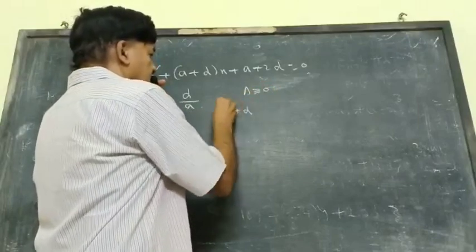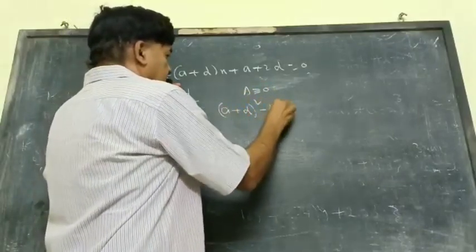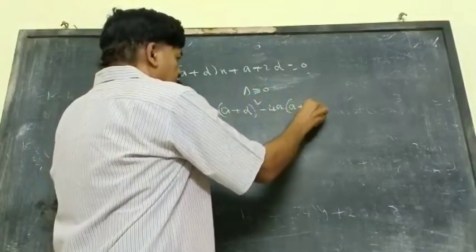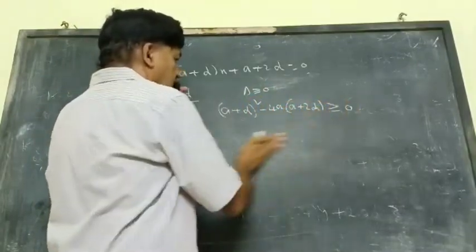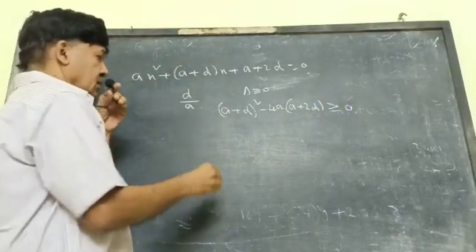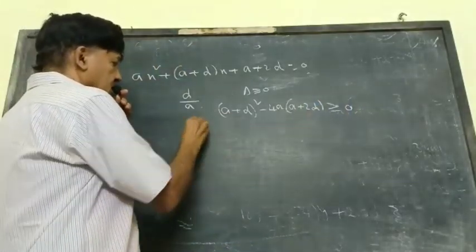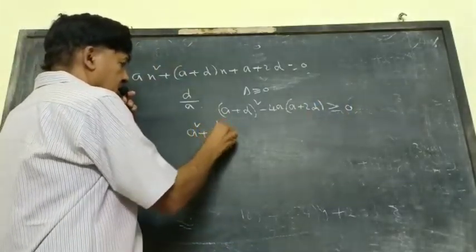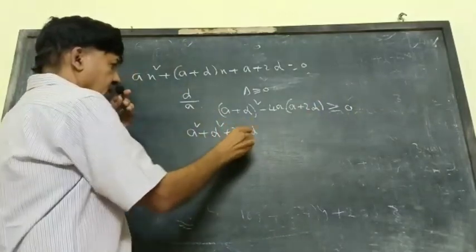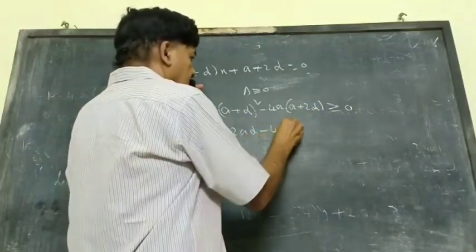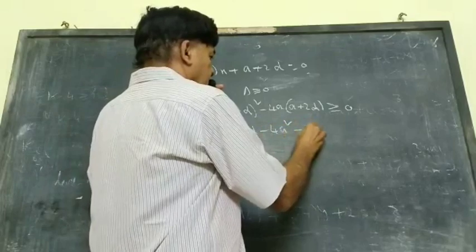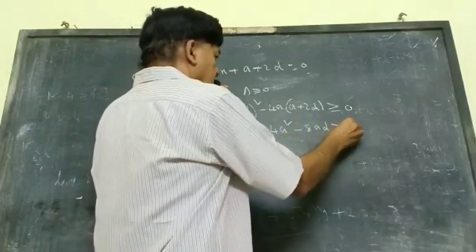So (A plus D) whole square minus 4A into (A plus 2D) greater than or equal to 0 we will get. So this is as good as A square plus D square plus 2AD minus 4A square minus 8AD greater than or equal to 0.